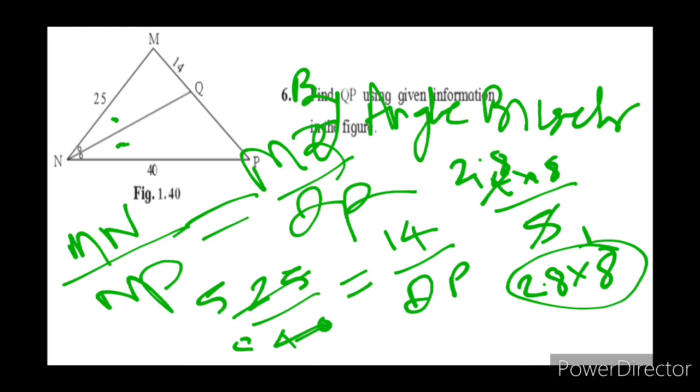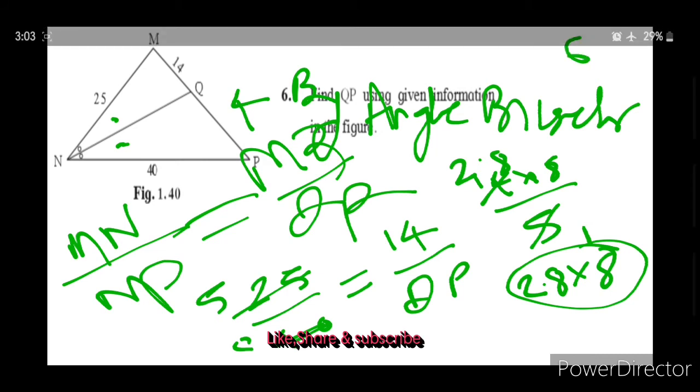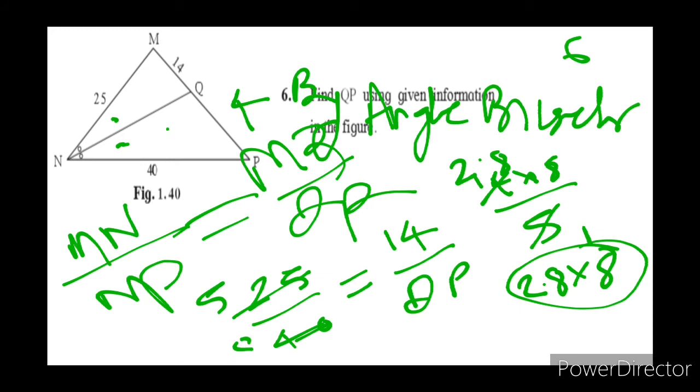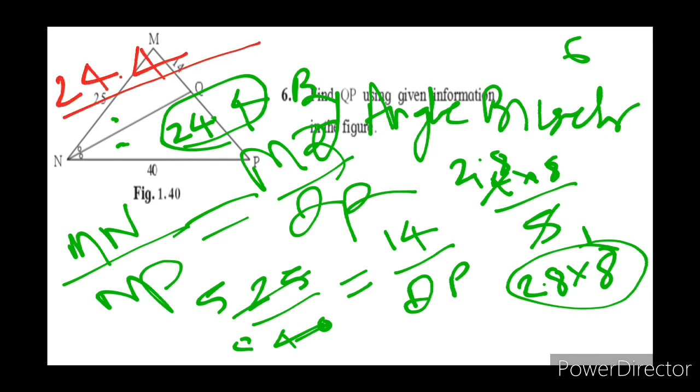So QP equals 8 ones 8, 8 eights are 64, carry 6, 8 twos are 16, 16 plus 6 is 24. So we get the value of QP equal to 24.4. This is our answer.